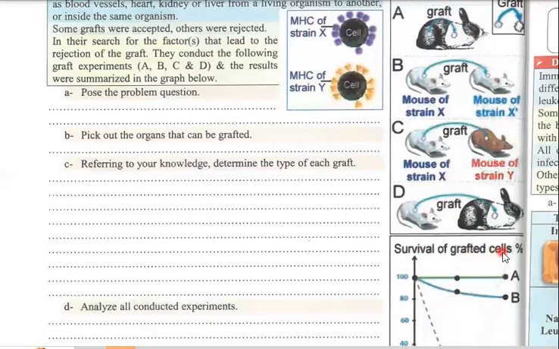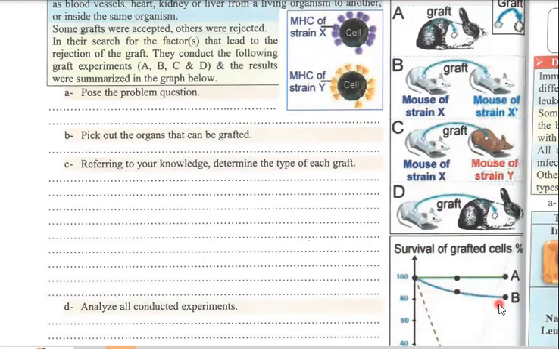How many cells that were grafted survived? At A, 100% of the cells of the graft survived. It was very, very successful. All the cells worked well and survived. In B, the case is good, but not as in A. So approximately 80% of the cells survived.